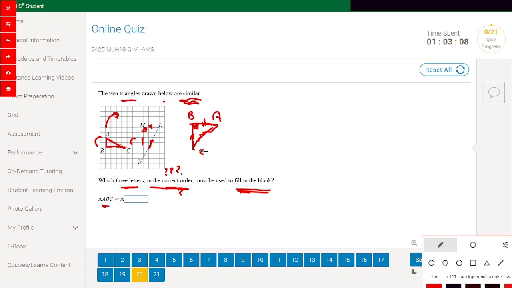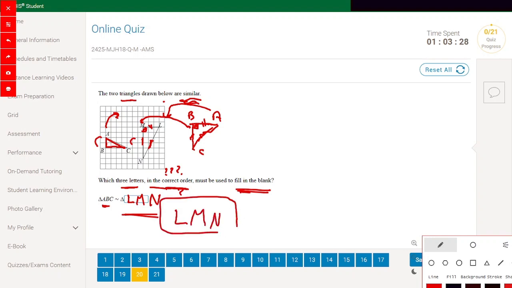So A will be similar to the other point L. B is the right angle, so M also is a right angle. And C with N. So the answer will be L, M, N, and this is the correct order. Okay.